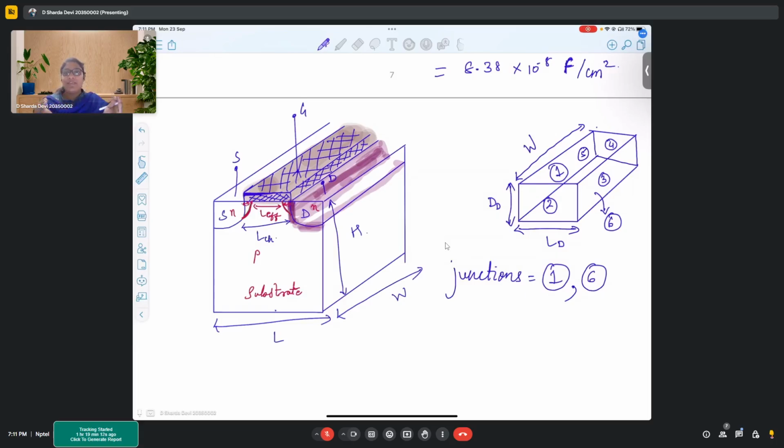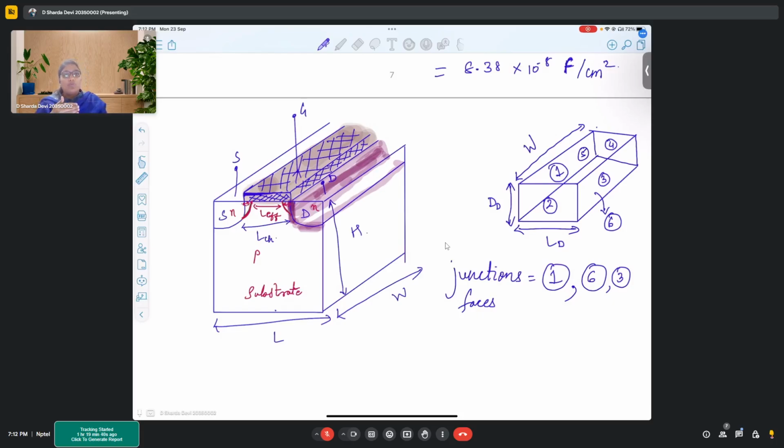So when there is a P well formed for an NMOS, many transistors side by side are fabricated. So face 3, the side opposite to face 1, will be having a junction.